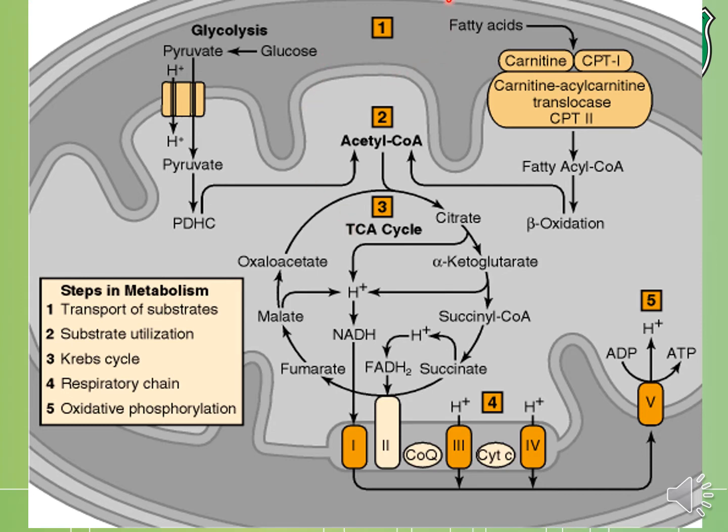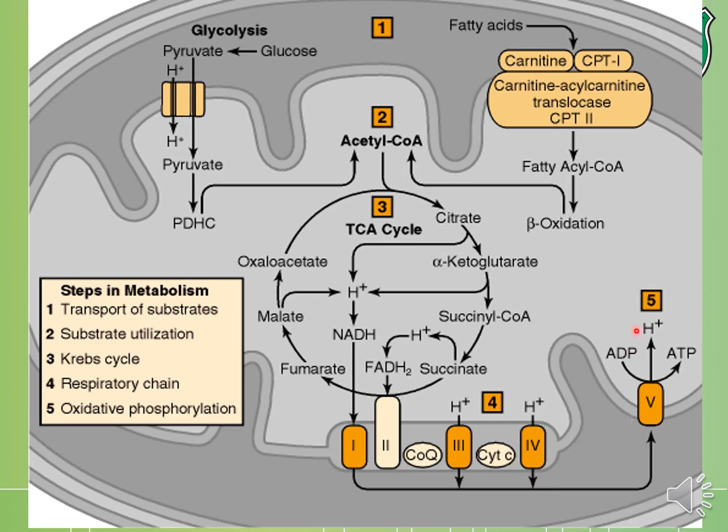So you can have a problem with the transport of substrate into the mitochondria. There could be a defect in the utilization of substrates, or you can have defects in any one of the enzymes involved in the Krebs cycle. In addition, there are four complexes involved in the respiratory chain, and mutations can exist in any one of these complexes.